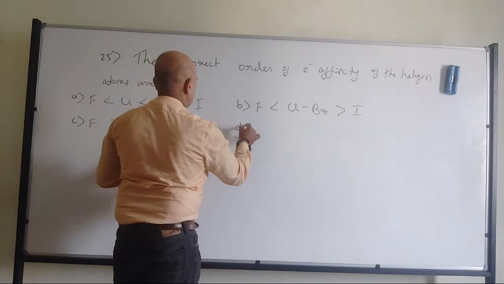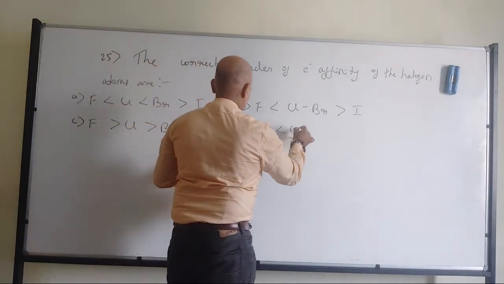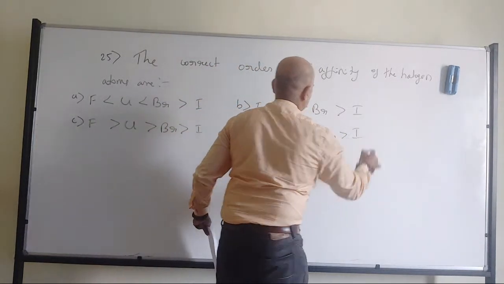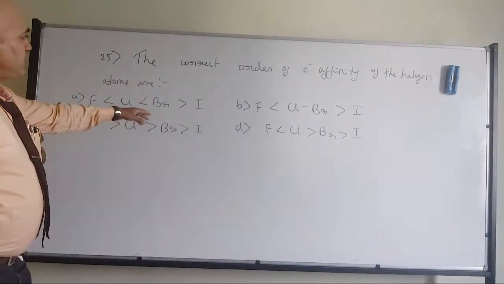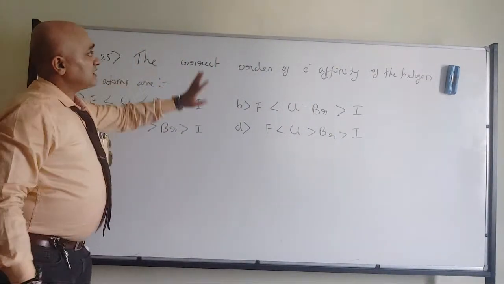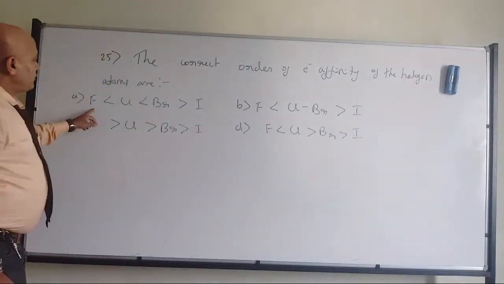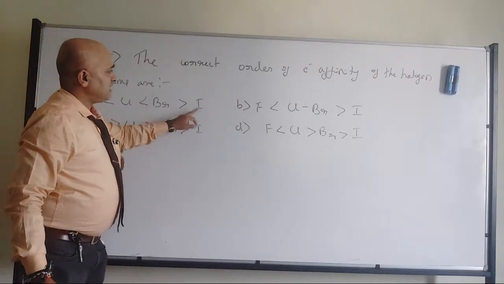And option D: fluorine less than chlorine greater than bromine greater than iodine. Can anyone tell? Observe the symbols. It's a JEE question.